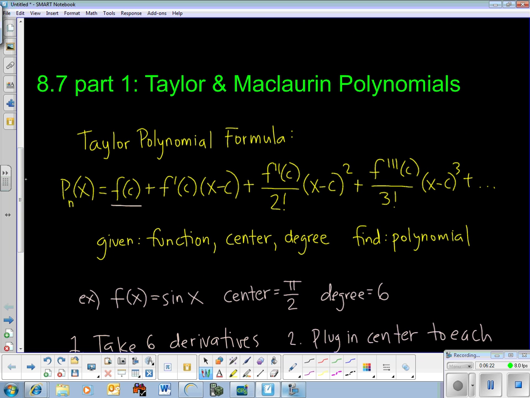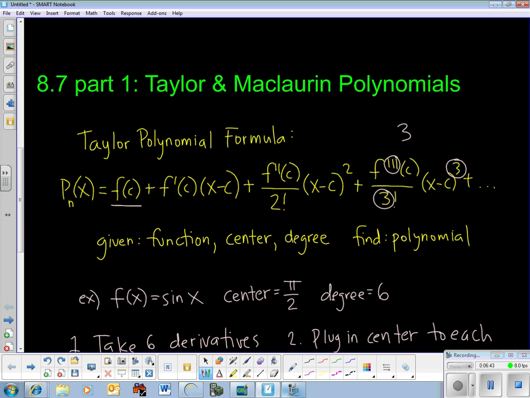My next one is the second derivative over 2 factorial times x minus c squared. And you just get this pattern. The third degree term is a third derivative over 3 factorial times x minus pi over 2 to the third power. It's just a repetition of this same thing over and over.